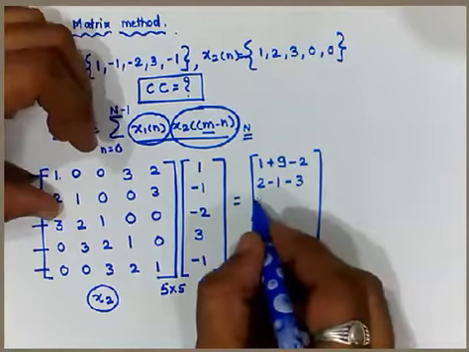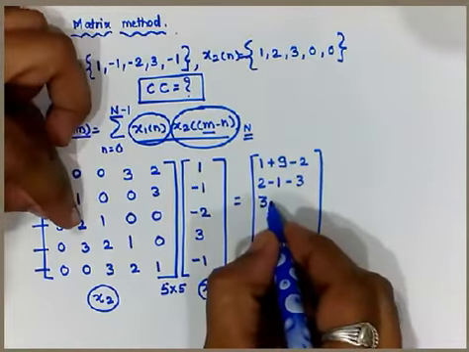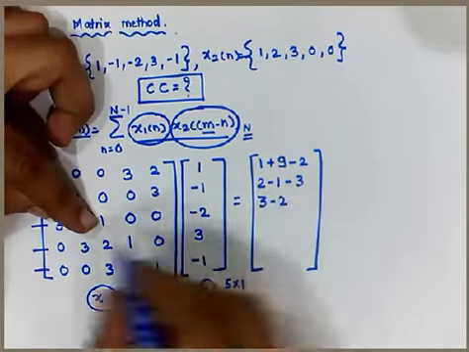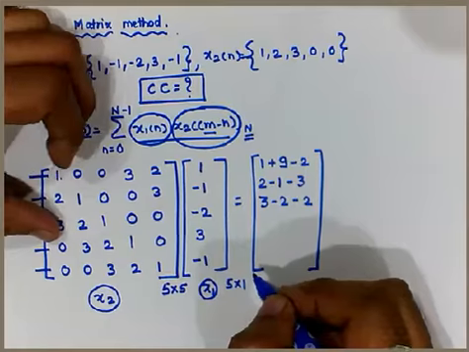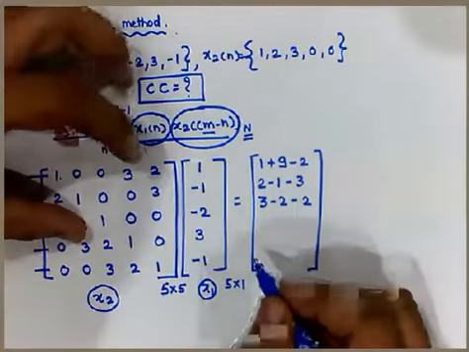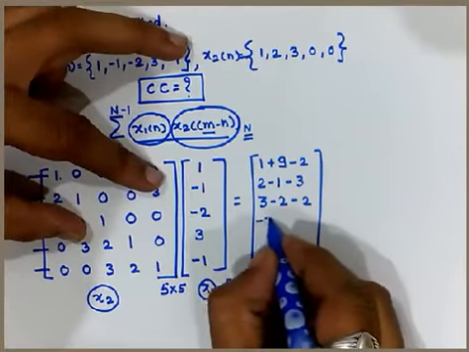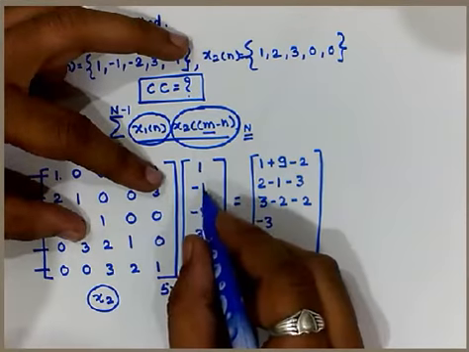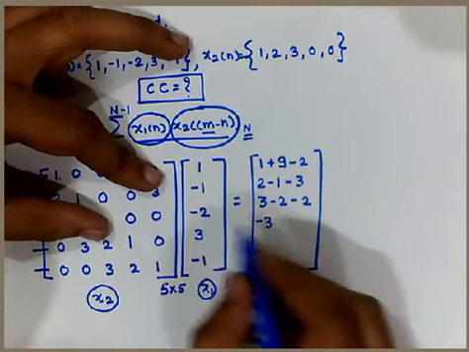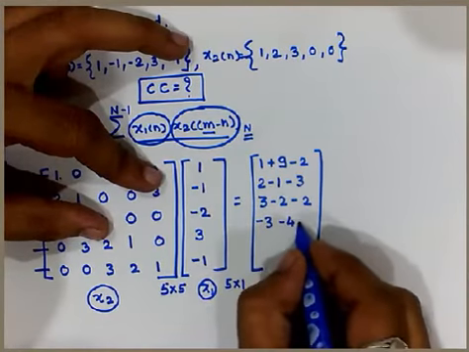For the third case it is 3, -2, then -2. Next it is -3, then minus 4 plus 3.